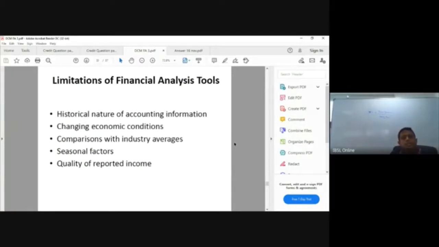Then the limitations of financial analysis tools. Even though we mentioned financial statement tools, horizontal analysis, vertical analysis, and ratio analysis, they also have some limitations, right?